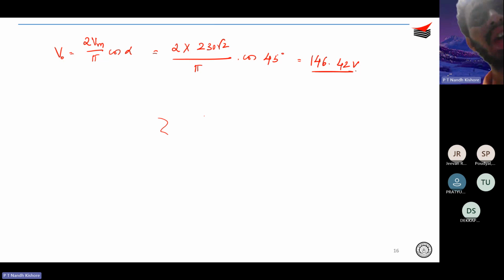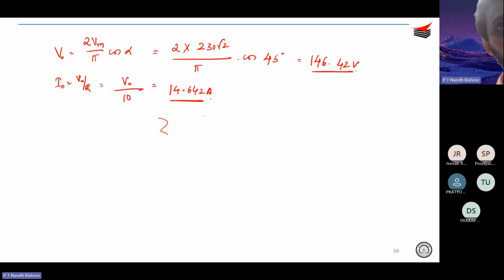Then I naught is V naught upon R, and R was 10 ohms, so I naught is going to be 14.642 amperes.